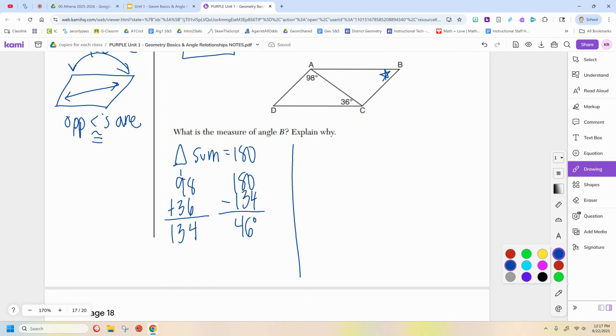Okay. Now I put down the angle measure, but I'm also going to just put under here that is angle D, right? I'm kind of showing what my conclusion is. So because the triangle sum is 180, I know angle D is 46 degrees.